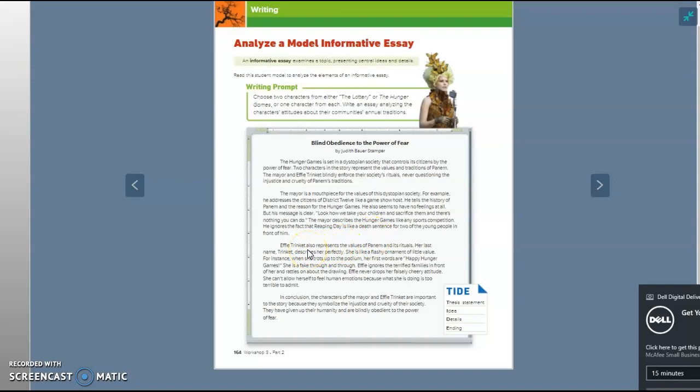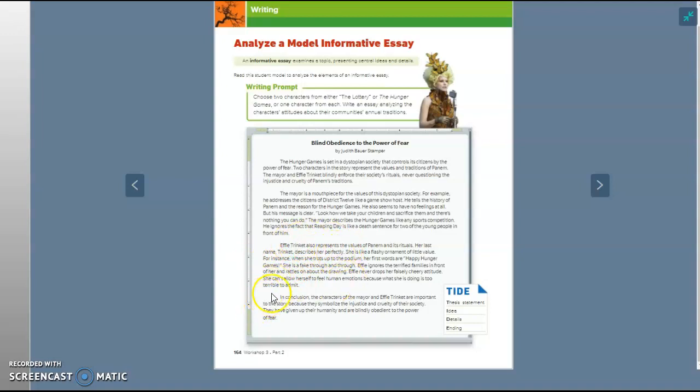Effie Trinket also represents the values of Panem and its rituals. Her last name, Trinket, describes her perfectly. She is like a flashy ornament of little value. For instance, when she trots, so for instance, this is a detail to back up your central idea.